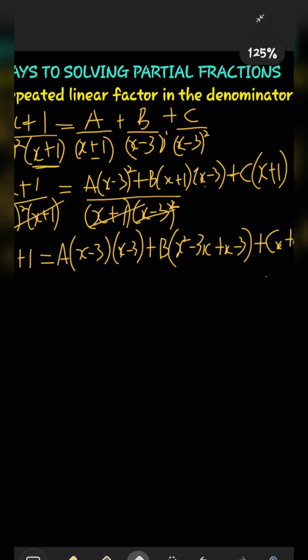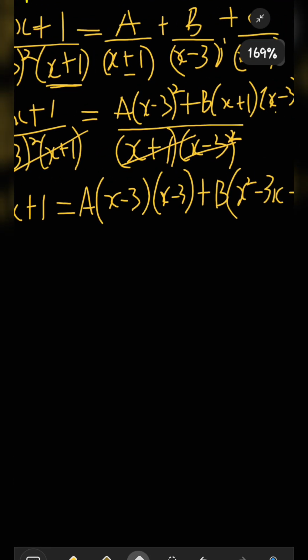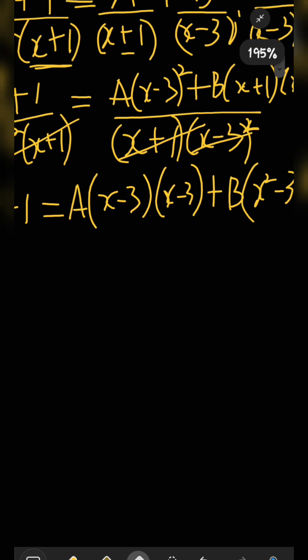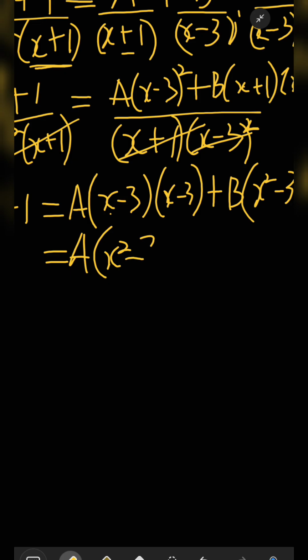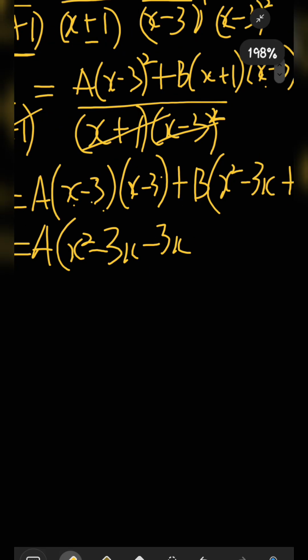So now we simplify. This is a into x times x, we have x squared. X times minus 3, we have minus 3x. Minus 3 times x, we have minus 3x. Minus 3 times minus 3, we have plus 9.